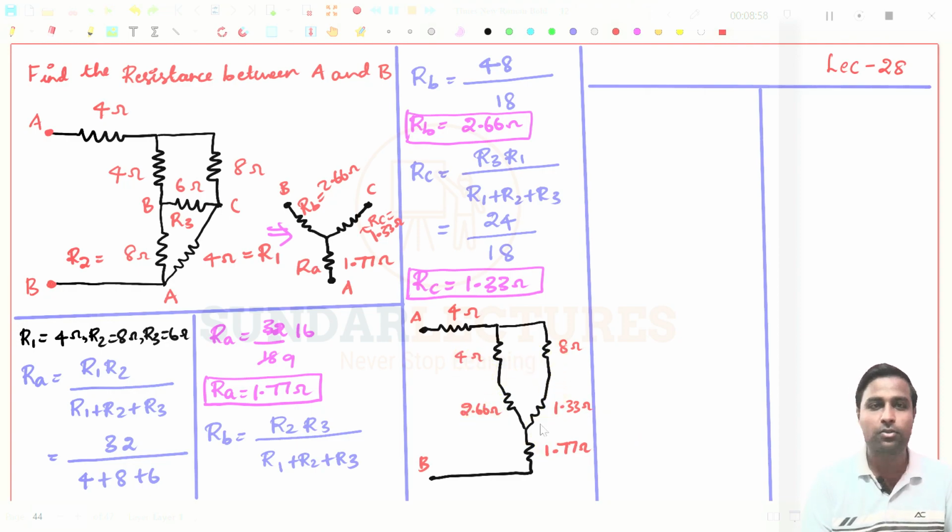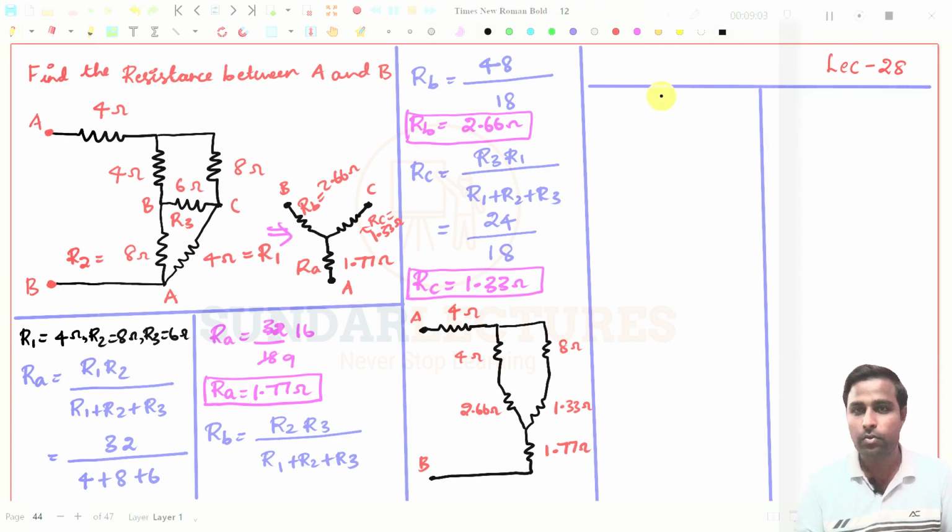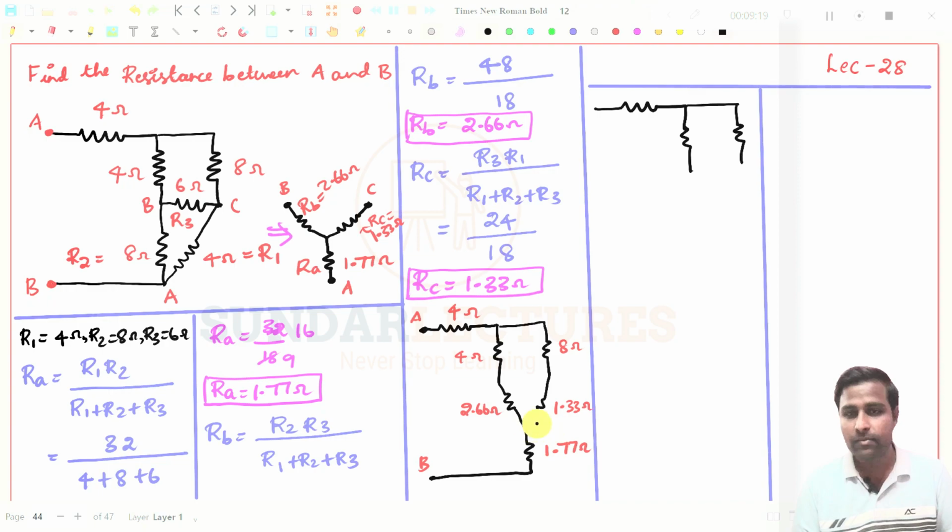So I will draw the diagram again. We can easily do this now. By drawing the diagram itself, we can directly substitute the values, right? These two are connected in series, so I can draw a single resistor, and these two are connected in series, so I have drawn a single resistor. These 2 points are connected, so I can also draw another resistor.